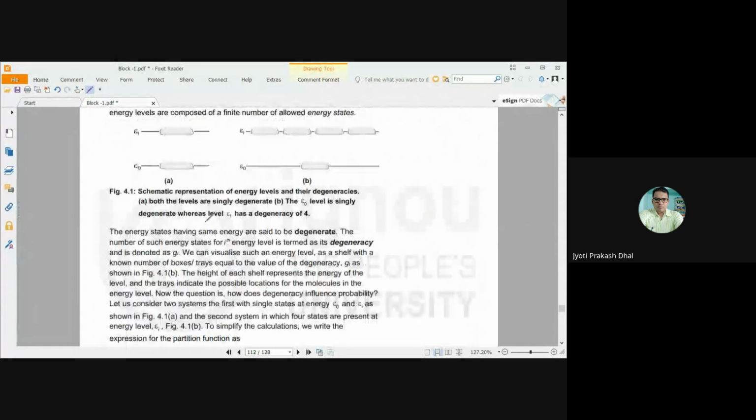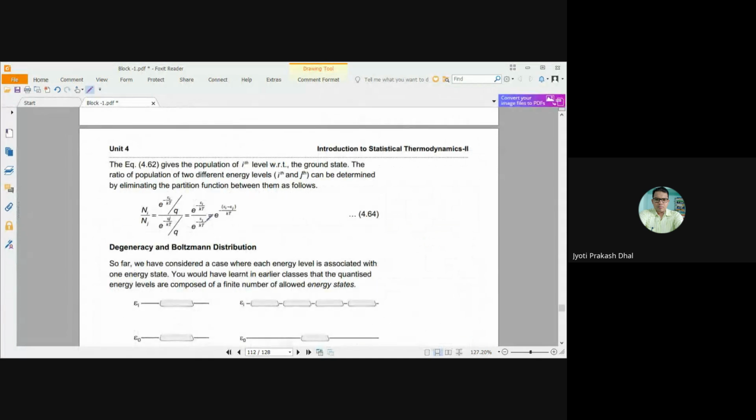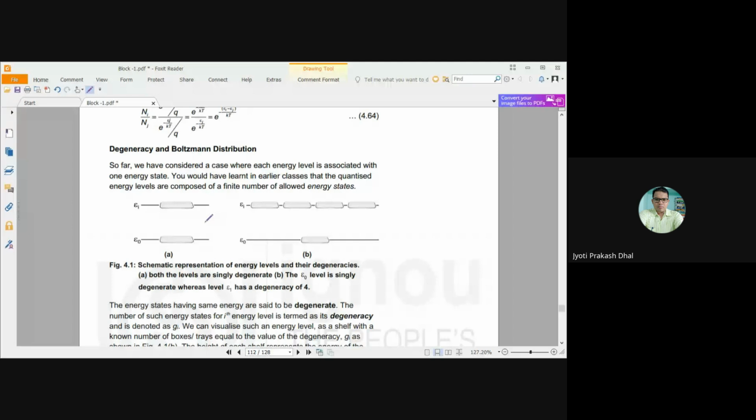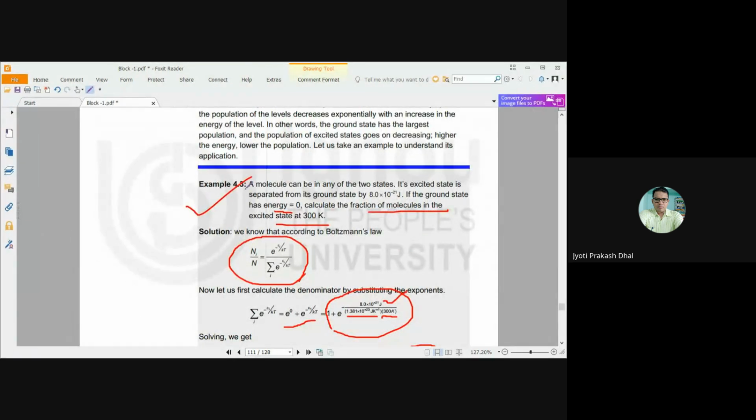So here, one long question is the derivation of the Boltzmann distribution function, determination of the value of alpha, determination of the value of beta, and some numerical questions will be there. The numerical question will be like example 4.3.